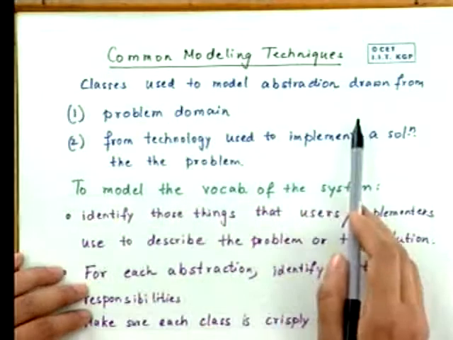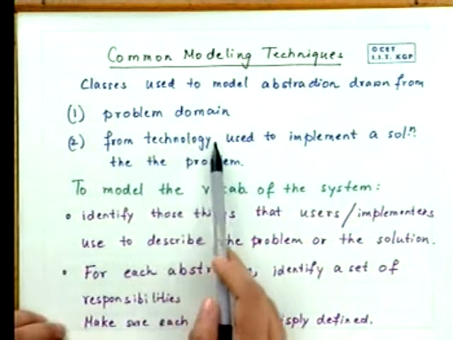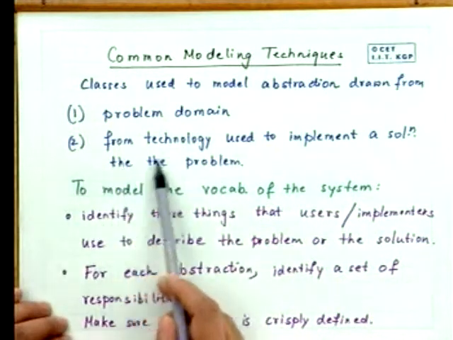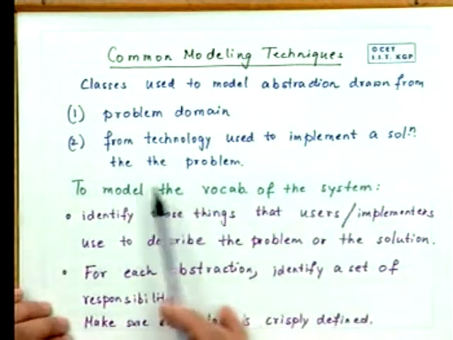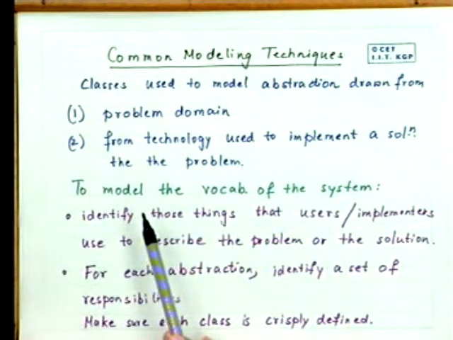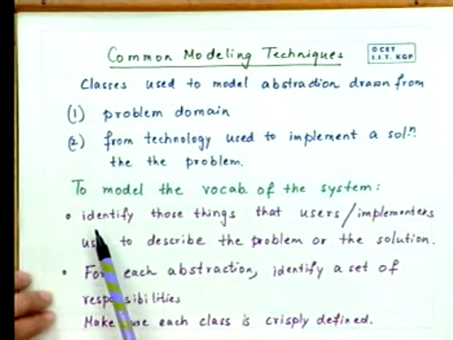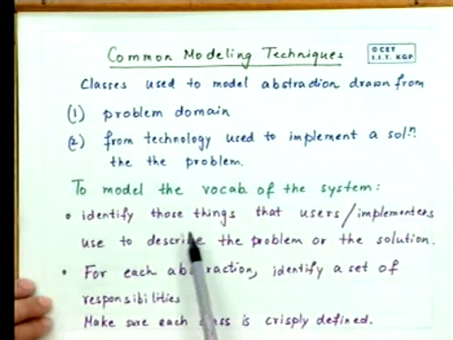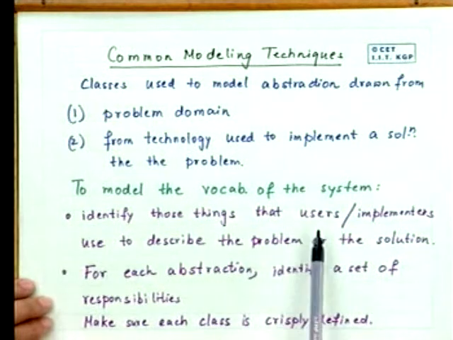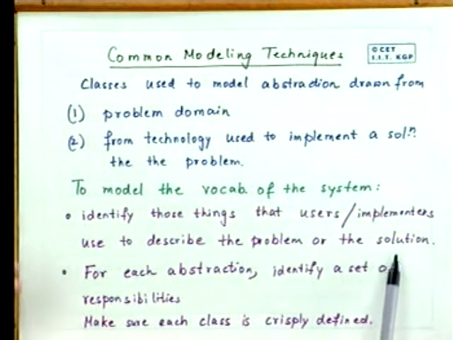Classes are used to model abstractions drawn from either the problem domain or from the technology used to implement a solution for the problem. We have given some techniques for modeling the vocabulary of the system, and first we need to identify those things that users or implementers use to describe either the problem or the implementation of the solution to the problem.